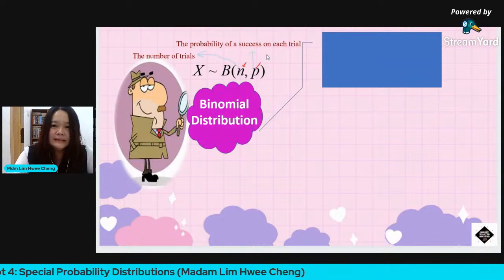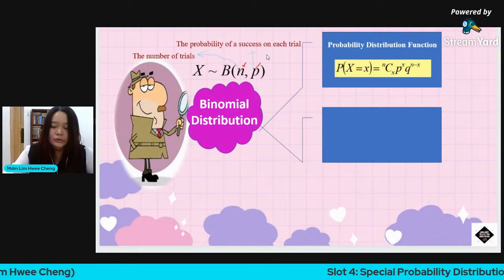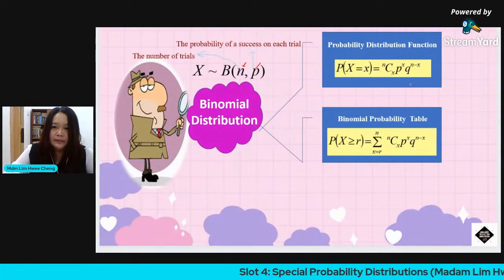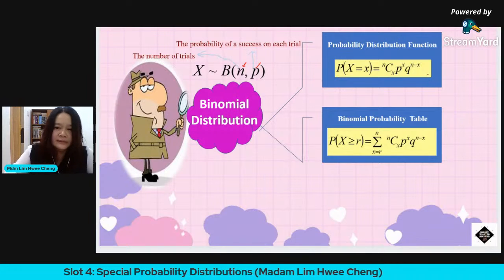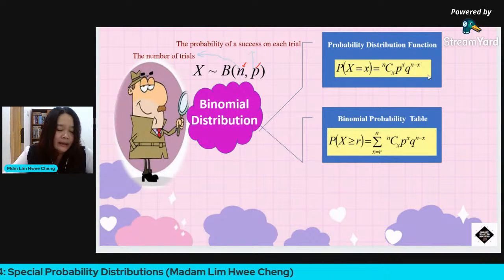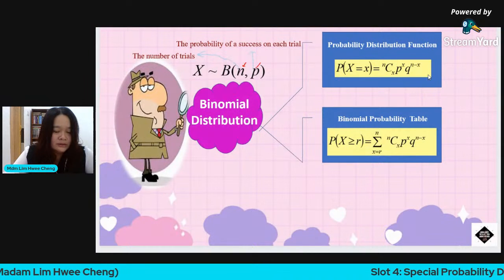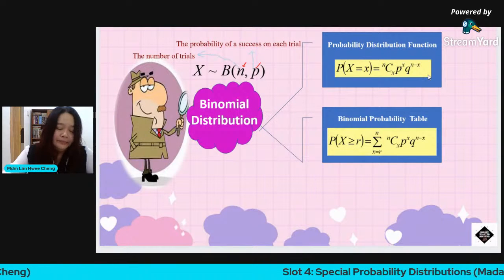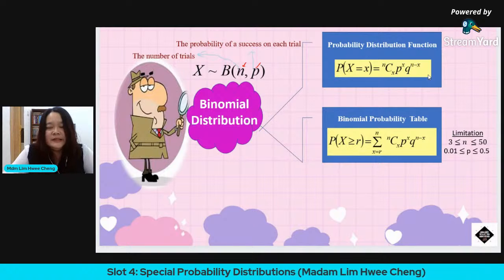Basically we have two ways to find the probability. One is to use the formula of the probability distribution function, which is the formula of the binomial distribution function. Another is that we can get the probability from the binomial probability table, which you call the statistical tables. However, there is a limitation.